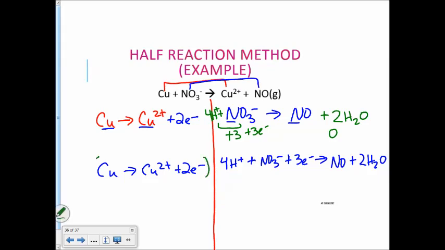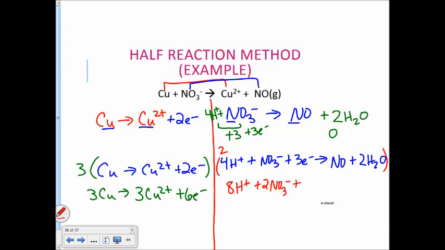So I would multiply everybody on this side by a 3. So I'm going to get 3 coppers, 3 copper 2 pluses, and 6 electrons, right? On the other side, I'm going to multiply it by a 2, right? This one's all going to get multiplied by a 2. So I get 8 hydrogens plus 2 nitrates plus 6 electrons gives me 2 nitrogen monoxides and 4 waters.